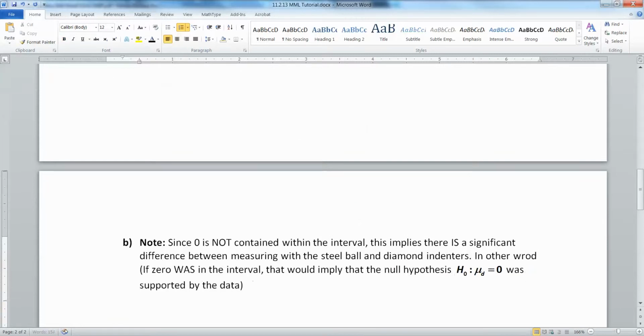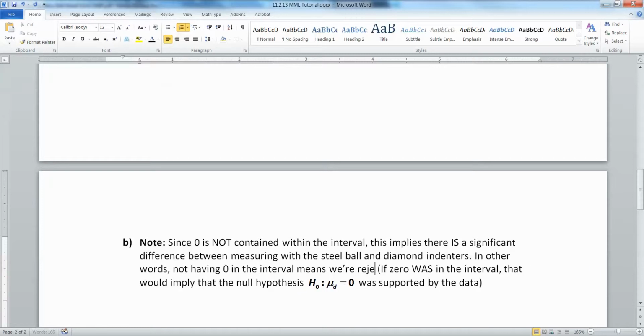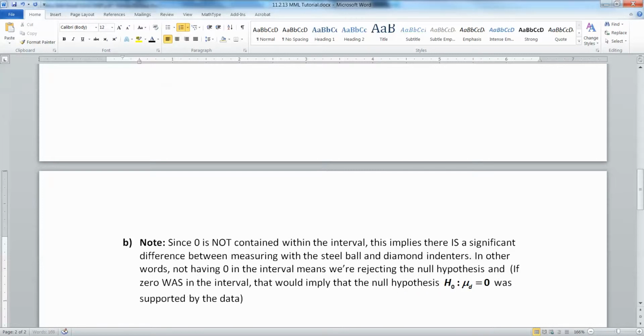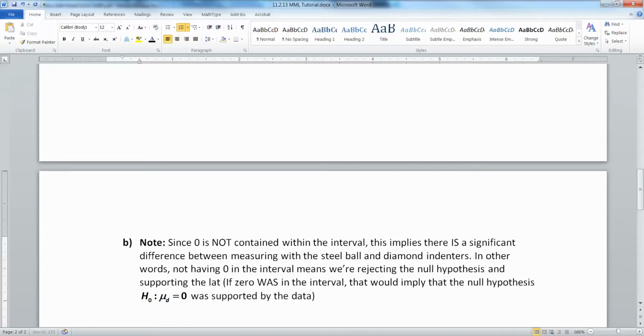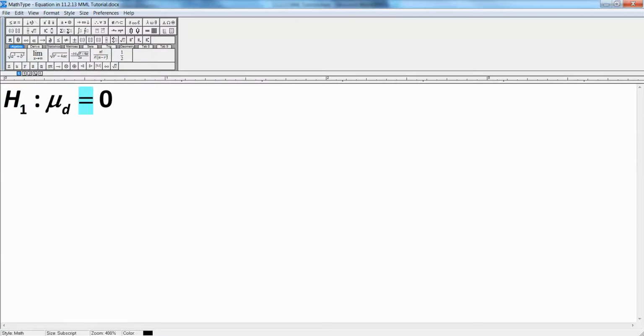In other words, not having 0 in the interval means we're rejecting the null hypothesis and supporting the alternative hypothesis that, and I'll just copy and paste this. There it is.